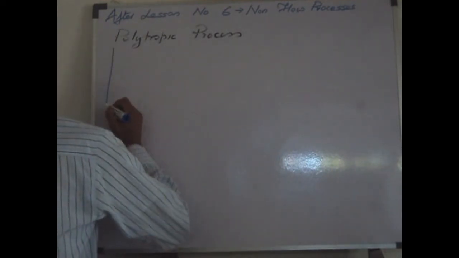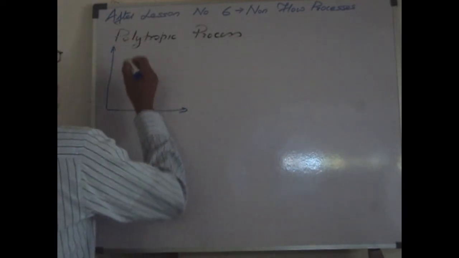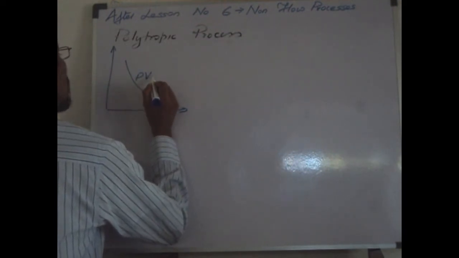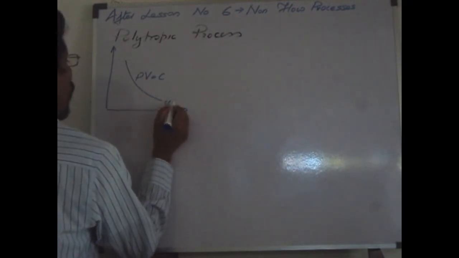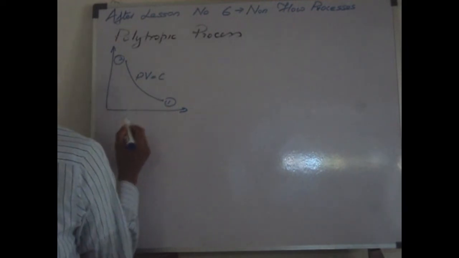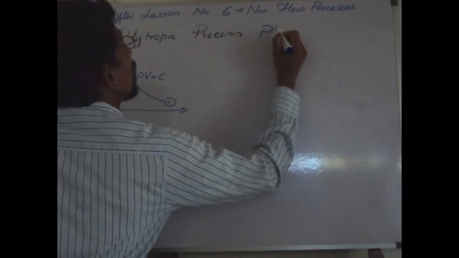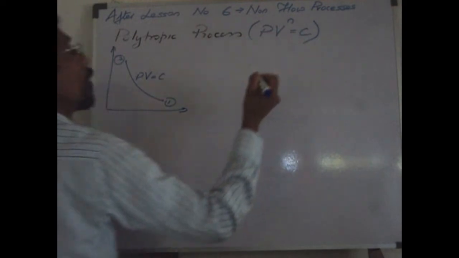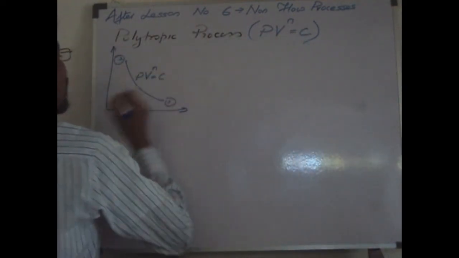On a PV diagram, you can remember the PV equals constant line is like this, going from state 1 to state 2. Then the polytropic process is PV to the power n equals constant. That is the law governing the polytropic process.